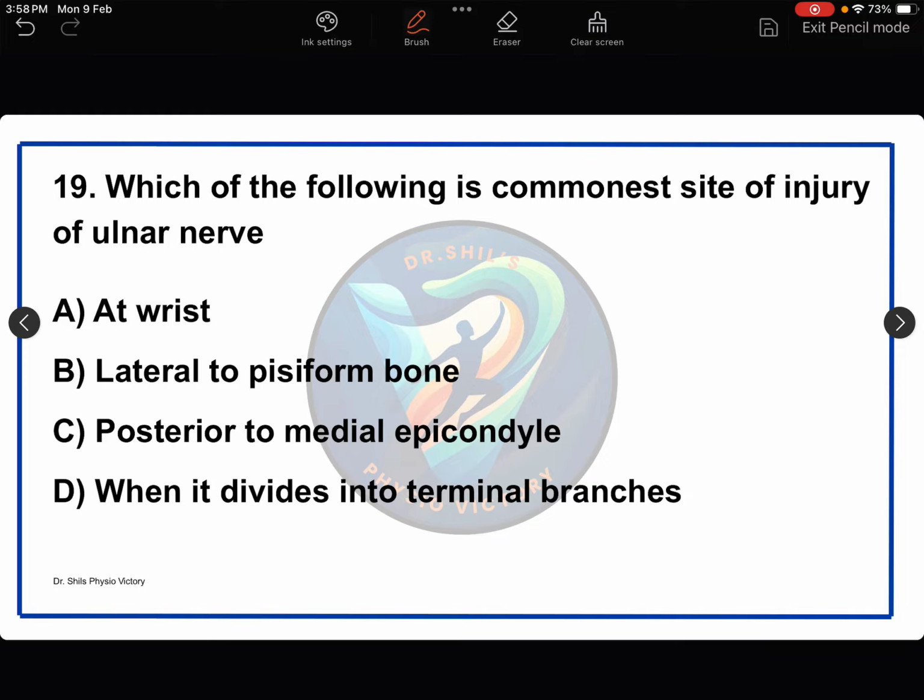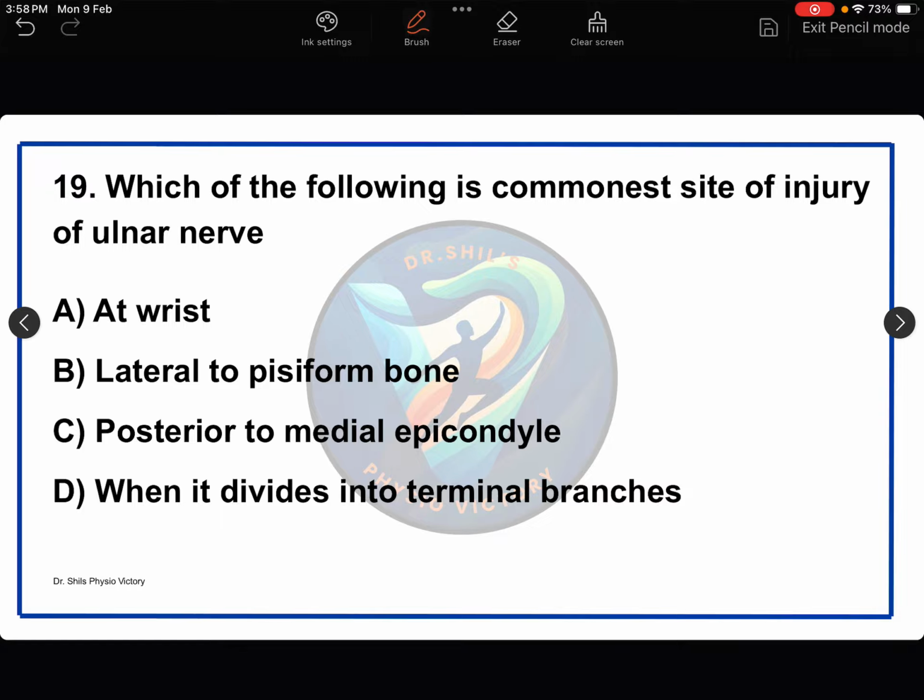Next, come to question number 19. Which of the following is commonest site of injury of ulnar nerve? Option A, at wrist. Option B, lateral to pisiform bone. Option C, posterior to medial epicondyle. Option D, when it divides into terminal branches.